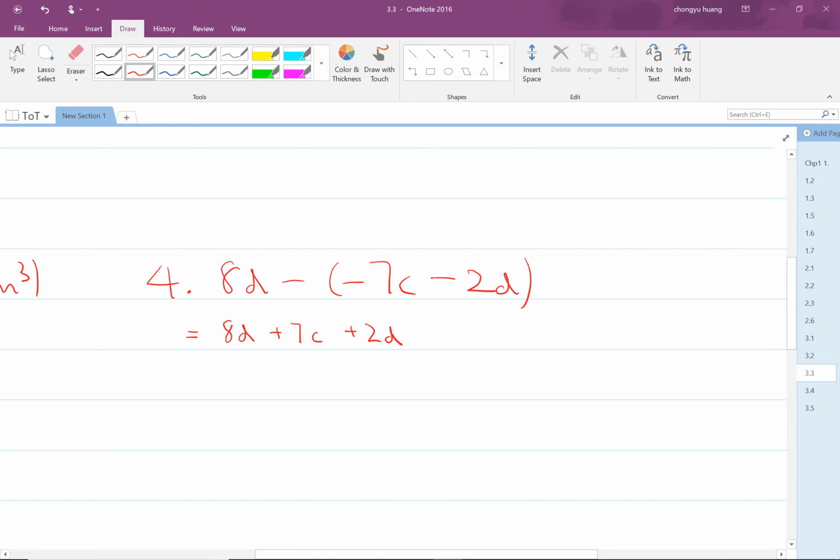Okay, so now you see we have an 8d, we have a 2d. 8d plus 2d is actually 10d, and then plus 7c. For 7c we cannot do any addition or subtraction with it, so we just leave it as it is, right? So now we solved the problem for question 4.